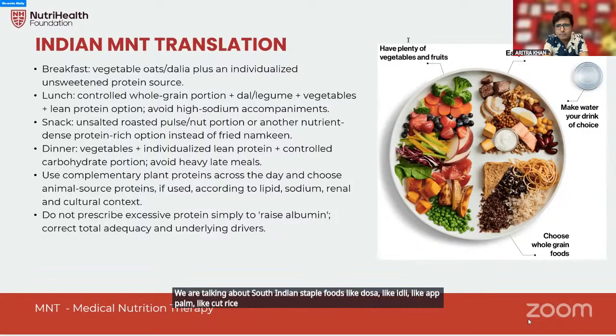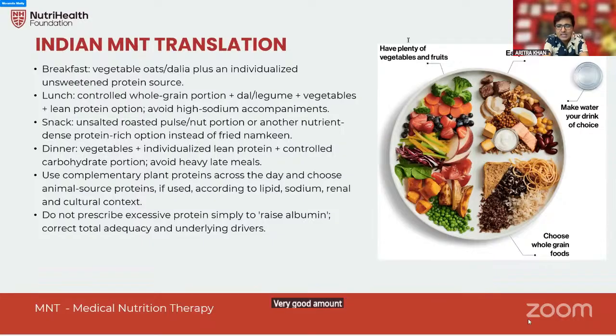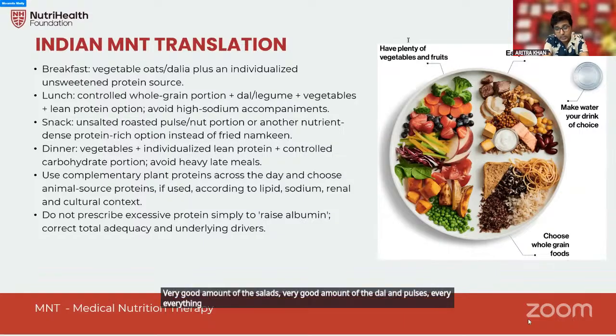All those things are very, very important, but the platter should have a very good amount of dietary fiber, very good amount of salads, very good amount of dal and pulses, everything in detail, and also the protein. We shouldn't miss the protein, and the water should be there, because water is sometimes a forgettable nutrient, but the water balance should be there.